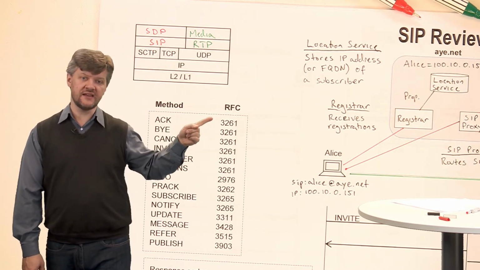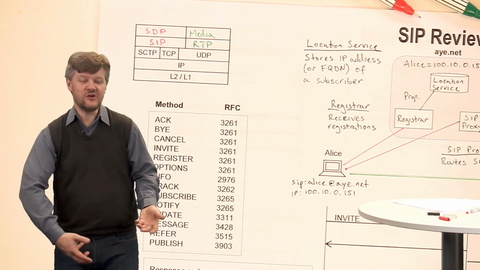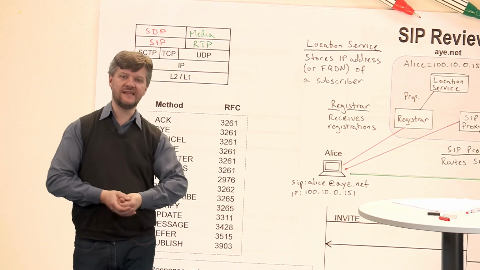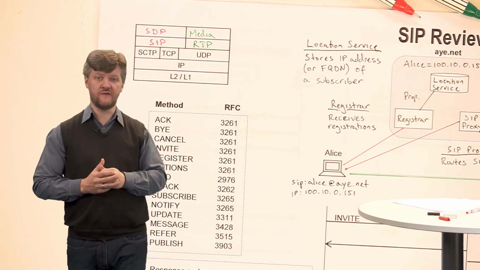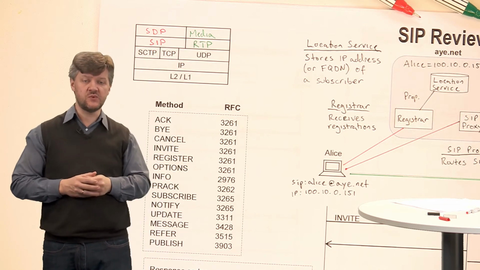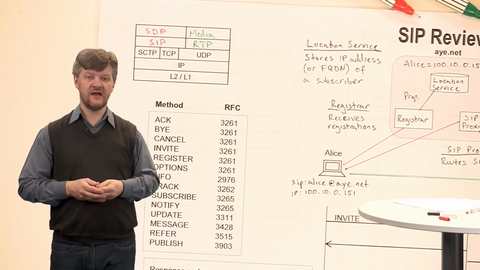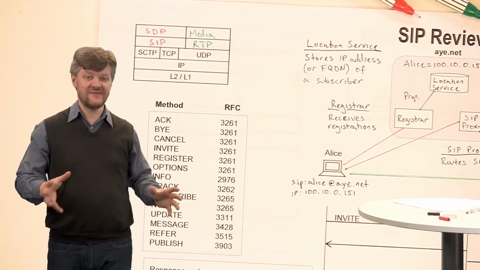So you will see that a lot of them begin here with 3261, and you could call that the Bible of SIP if you want to. That is the core standard for SIP. If you want to read just one RFC on SIP, it should be 3261, because it's the basis for SIP. And then there are others just adding stuff.